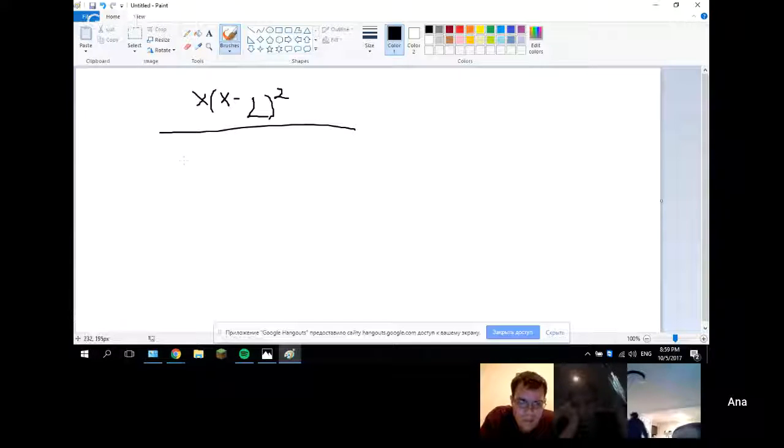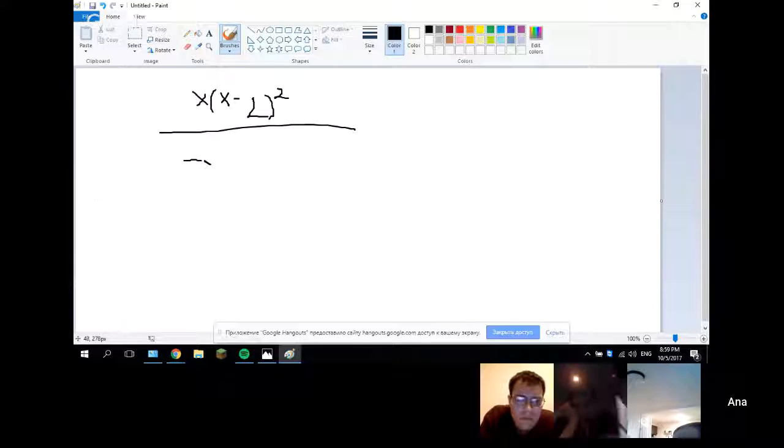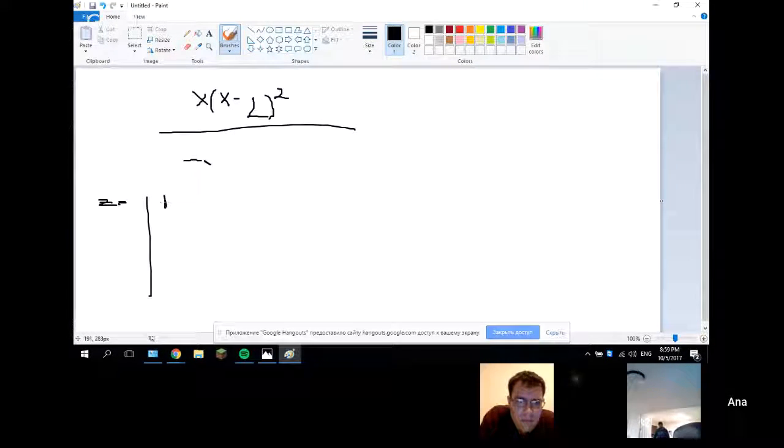So you would make a table, like 0, 0, and then here's multiplicity. So the first one, 0, is just 0 for the x, and the multiplicity is 1.